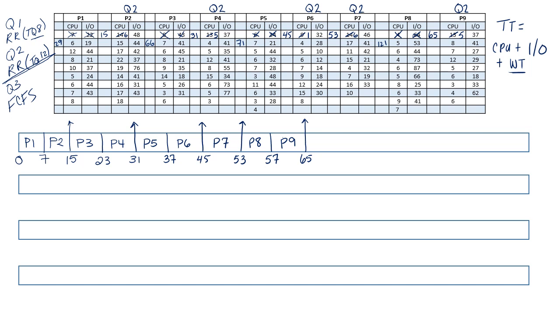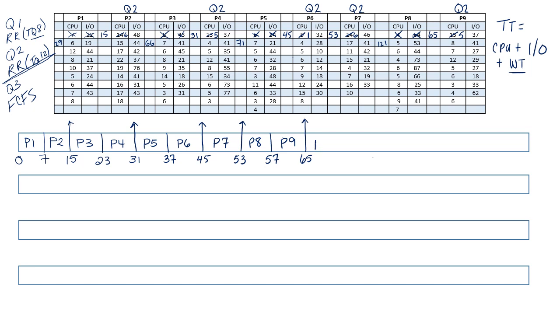So we're going to take a look now, and we will notice that there is one Q1 process in the ready queue right now, and that is P1. So P1 is going to get the CPU again, and if P1's CPU burst was greater than 8, then it would be dropped to Q2. Once a process drops down to Q2, it does not go back up.